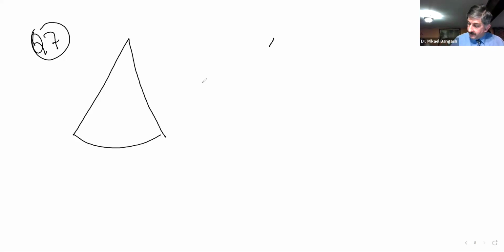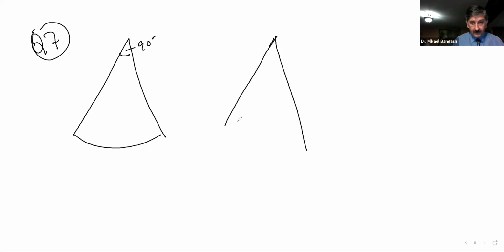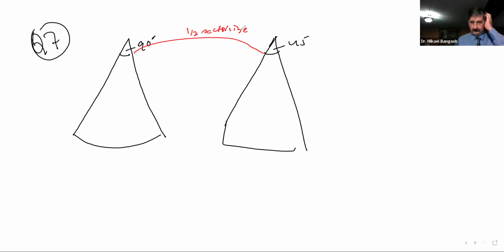We start from a sector size of 90 degrees to 45 degrees. What we can mainly say here is that the sector size is halved. Did you get that?